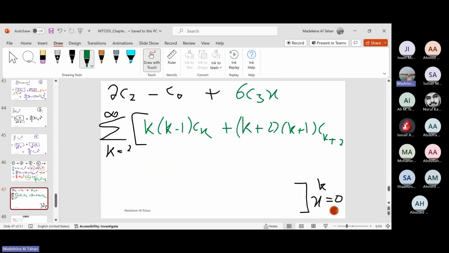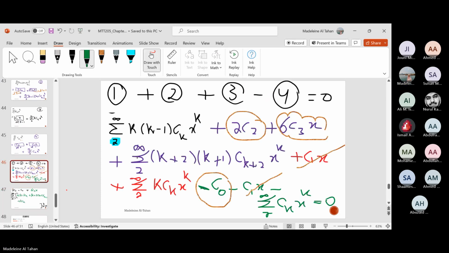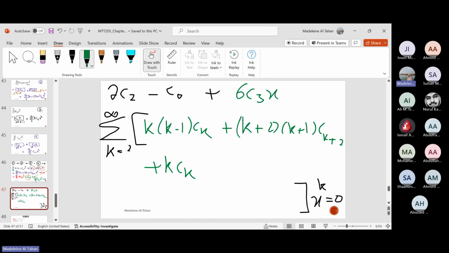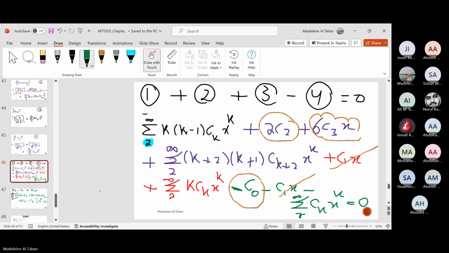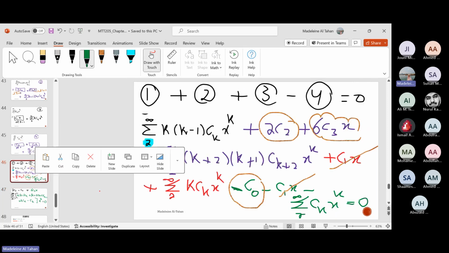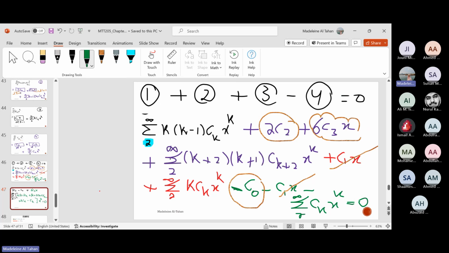The third one plus k ck. And the fourth one is minus ck. So plus k ck minus ck x power k equal to 0. Right, miss? Is it clear? So we just copied them.